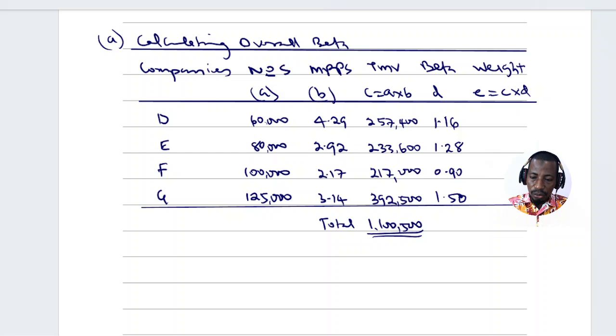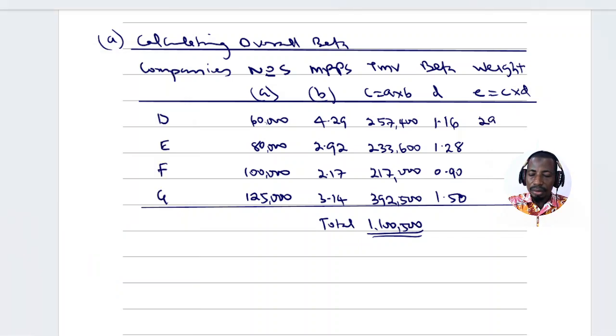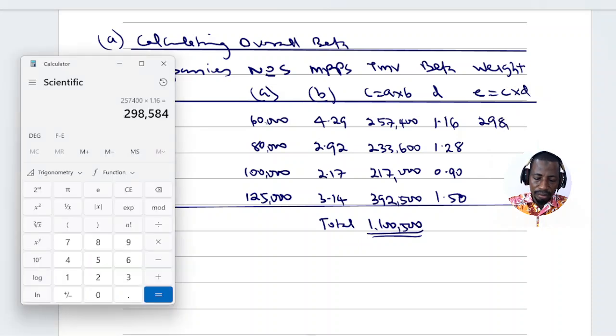So to now get the weight, I need to multiply the total market value with the beta value of individual securities. Therefore, 257,400 multiplied by 1.16 equal 298,584.